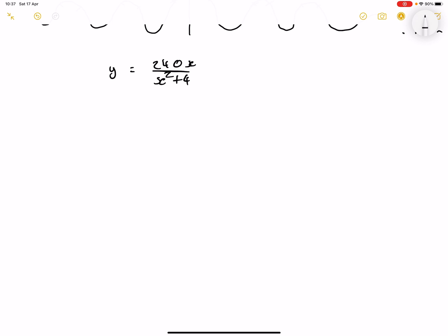So we know that y is equal to this, and I'm going to rearrange that and say that y is equal to 240 times x squared plus 4 over x, all to the minus 1.